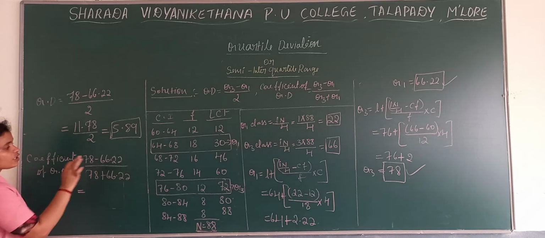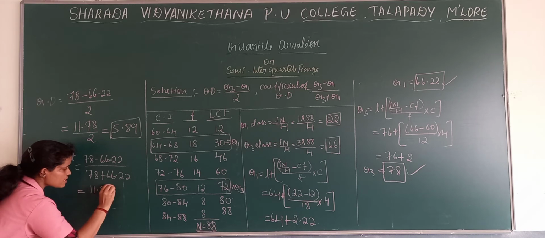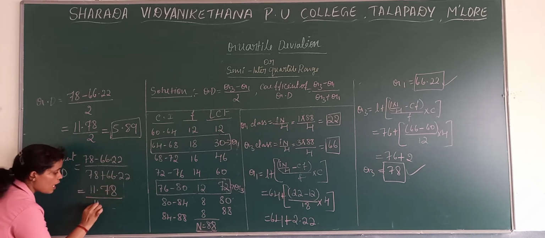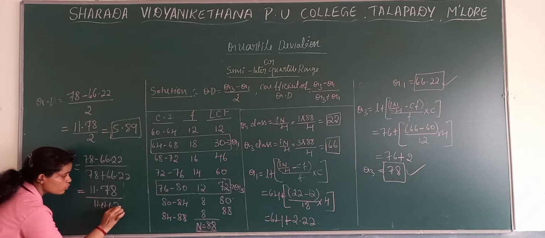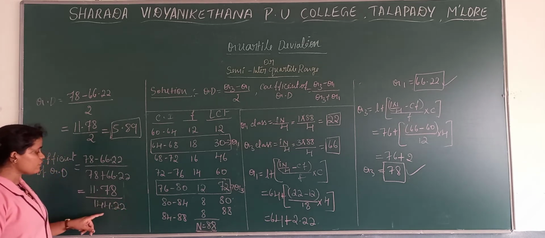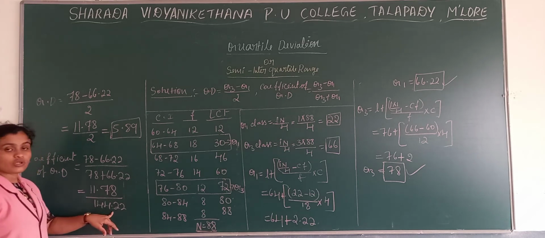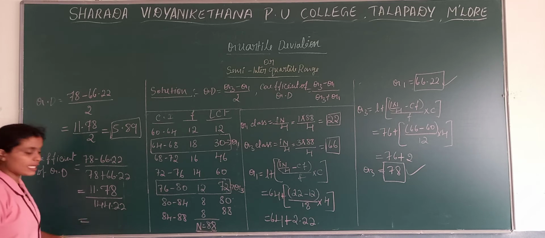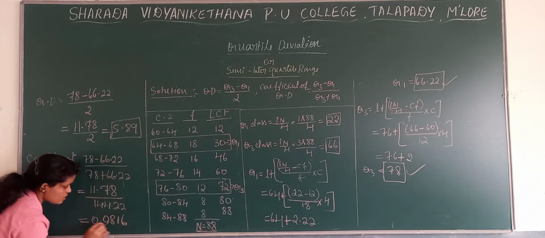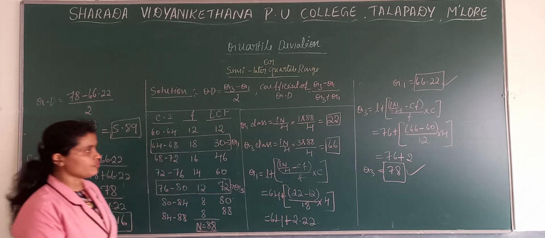So 78 minus 66.22 is 11.78. When we add them, we get 144.22. So when we divide 11.78 by 144.22, we get 0.0816 as the coefficient of quartile deviation.